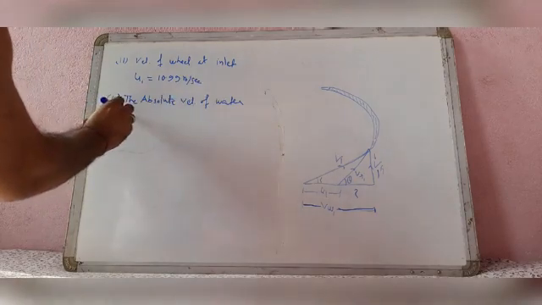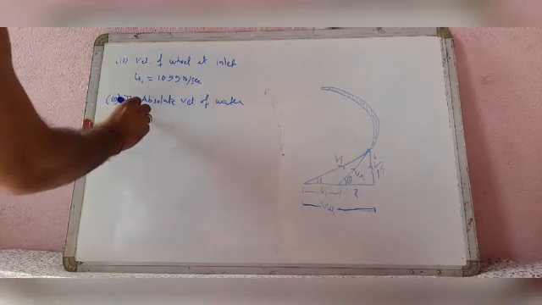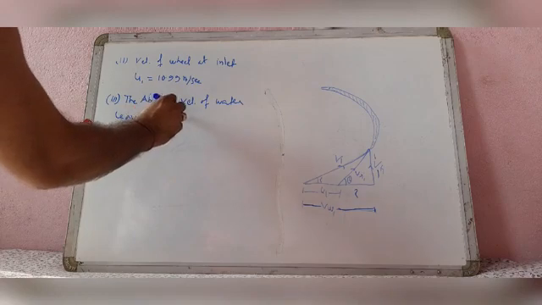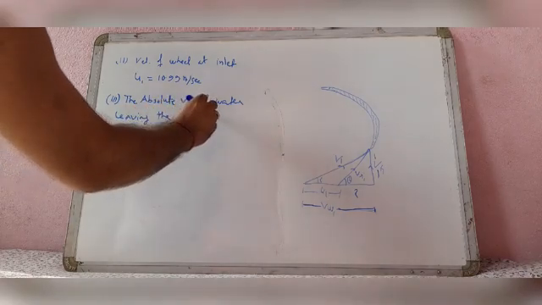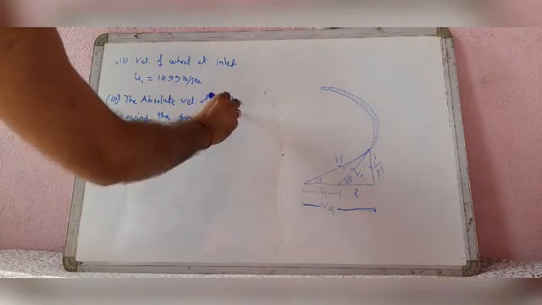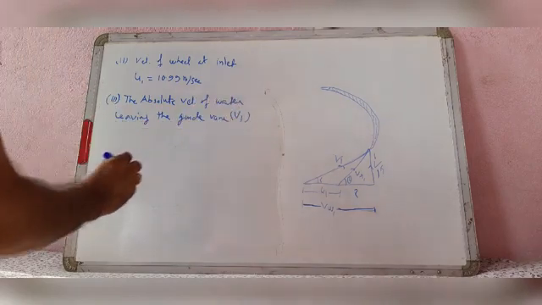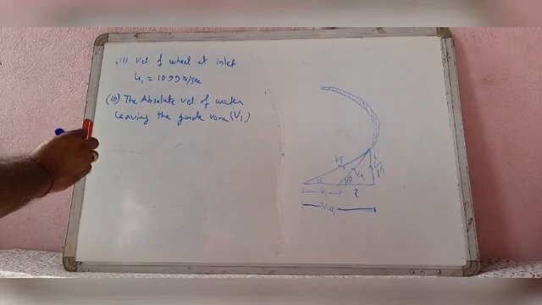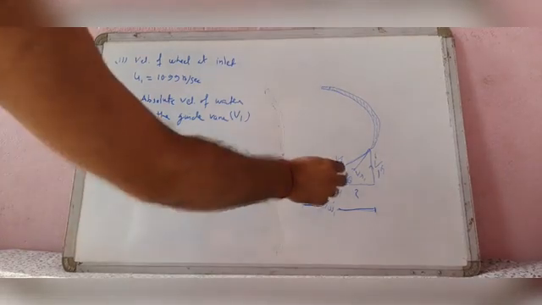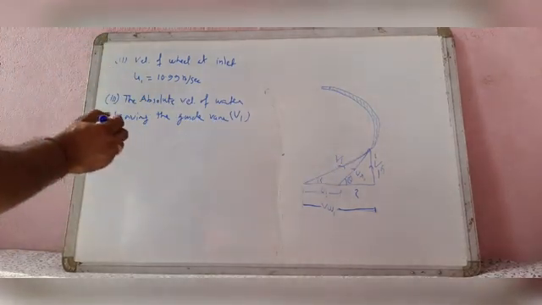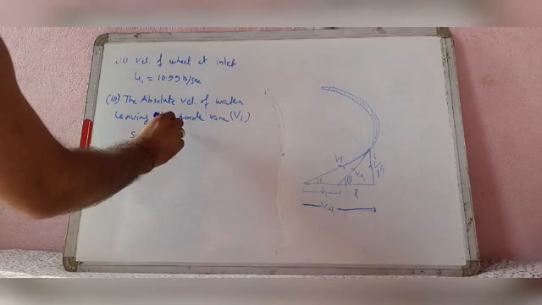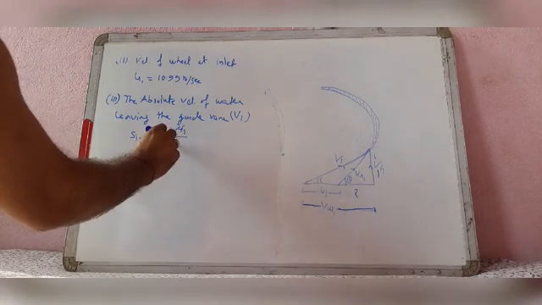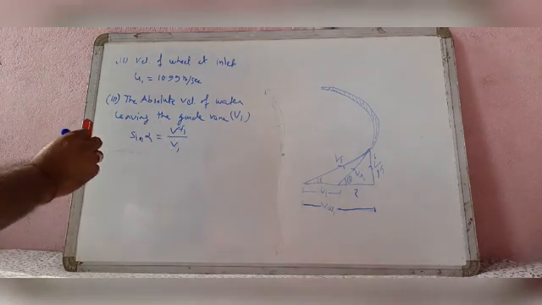Water leaving the guide, V1, from the inlet triangle here: sin alpha equal to VF1 by V1.